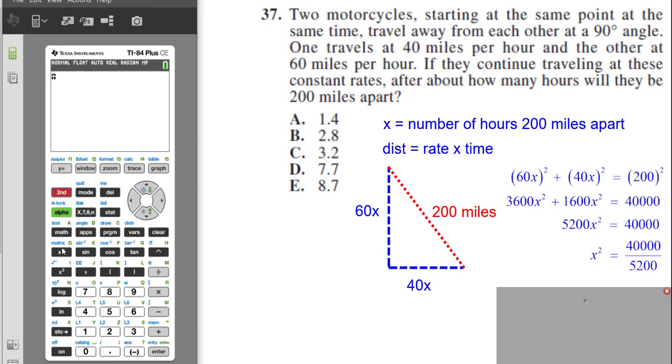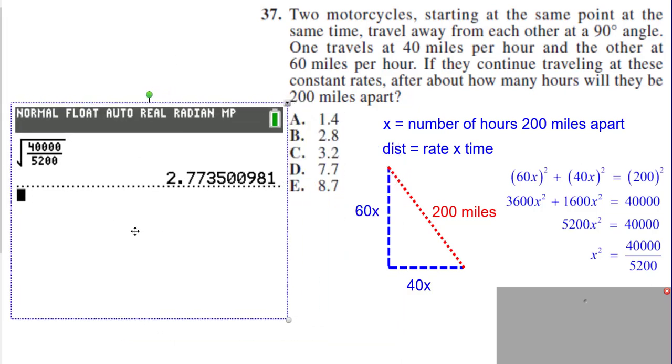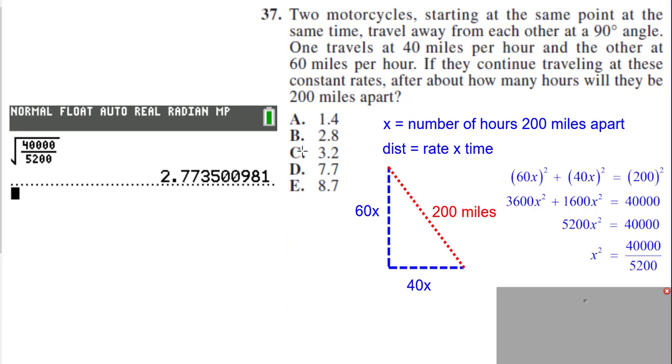So I'm going to take the square root of a fraction, oops, not x, but a fraction, alpha x, 40,000 divided by 5200, and 2.77 seems to be the answer, and rounding that to the nearest tenth, letter B. About 2.8 hours.